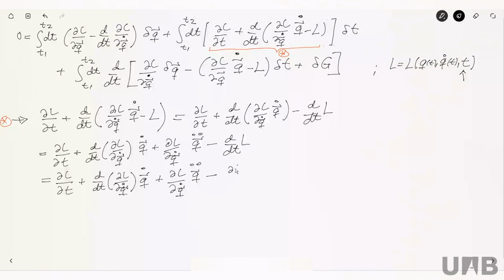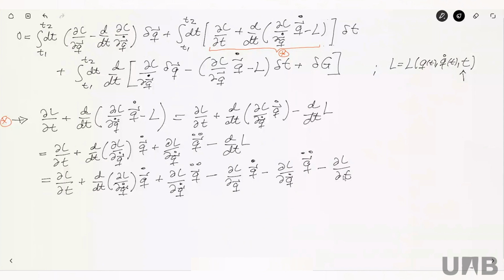So that is the derivative of L with respect to q, times the derivative of q with respect to time, which is q dot, minus the derivative of L with respect to q dot, times the derivative of q dot with respect to time, which is q double dot, and then minus the derivative of L with respect to t, right?